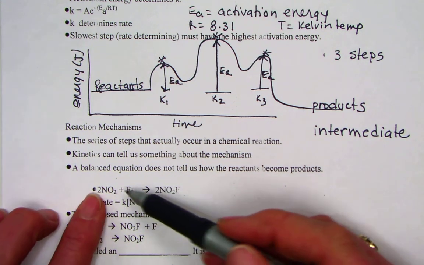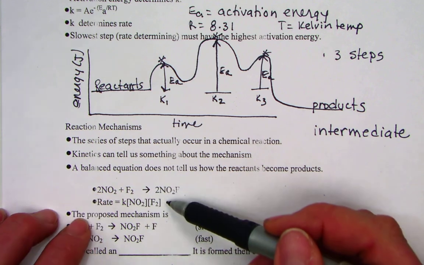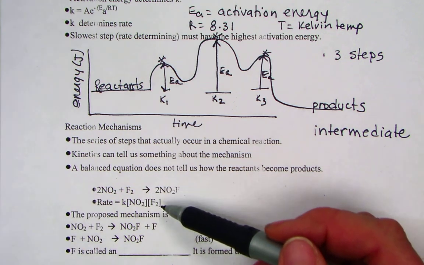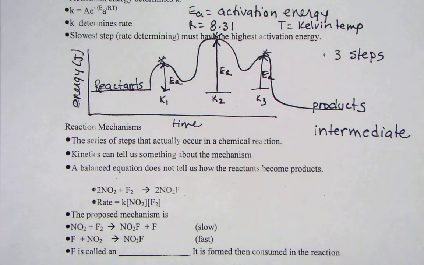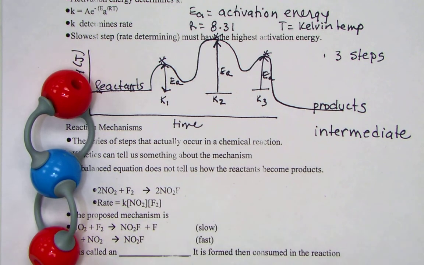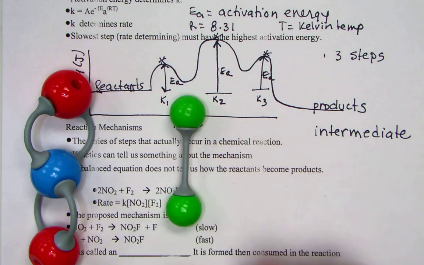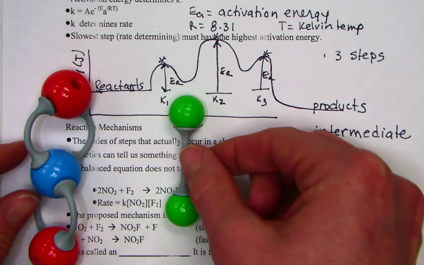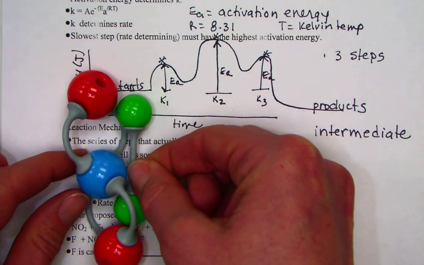Notice that the stoichiometry does not give a role, but what the rate law is giving us insight into is what's actually colliding. By looking at this rate law, I would predict that a molecule of NO2 in a first elementary reaction has to collide with a molecule of fluorine. There is my first collision.